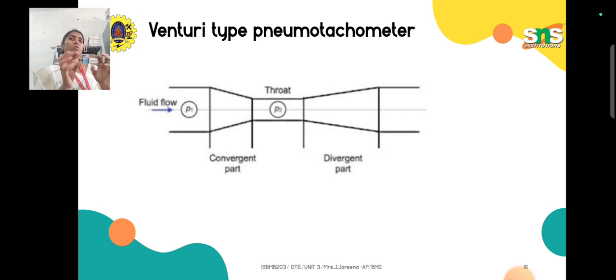So far, whatever types we have discussed, everything follows the same narrow laminar construction of setup. There are no design changes in that setup. But here in the venturi type pneumotachometer, we use the concept of geometrical design.